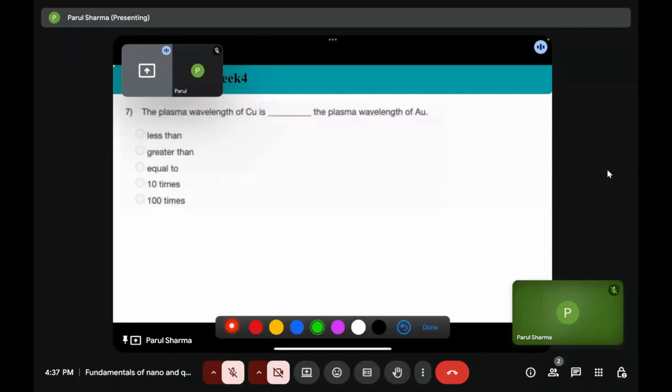Next question, the plasma wavelength. The plasma wavelength is lesser than, greater than, or equal to 10 times or 100 times the wavelength of light. So in the table, it is given that n for copper is 7 into 10 raised to power 20 per meter cube, and for gold 5.90 into 10 raised to power 20.